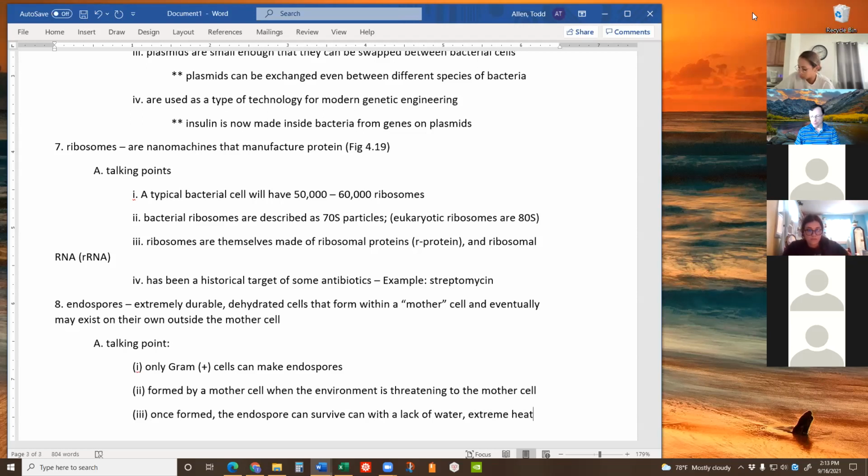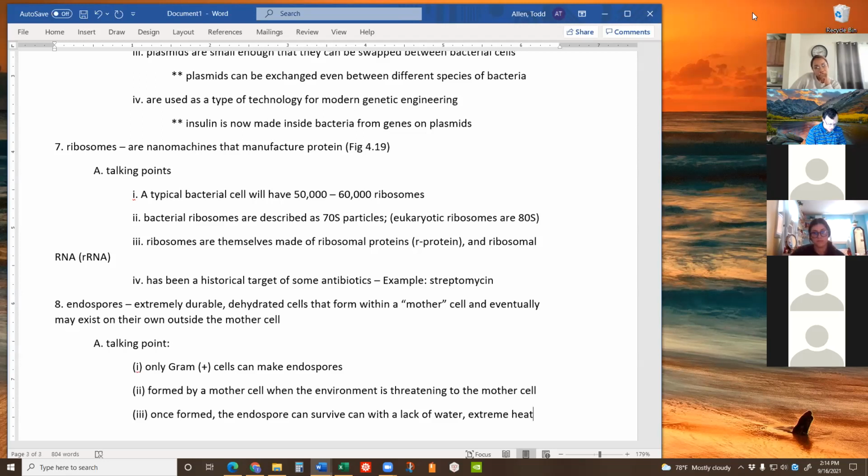The endospore forms by layering itself with many thick coats of peptidoglycan, right? We talked about peptidoglycan before. So if you make more and more layers of peptidoglycan, you basically form a peptidoglycan shell, which is largely impermeable to many toxic chemicals from the environment that might want to get into the cell.